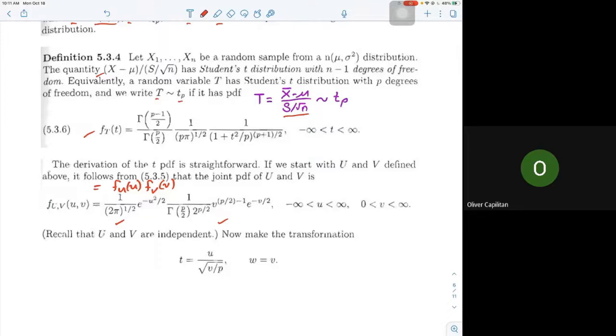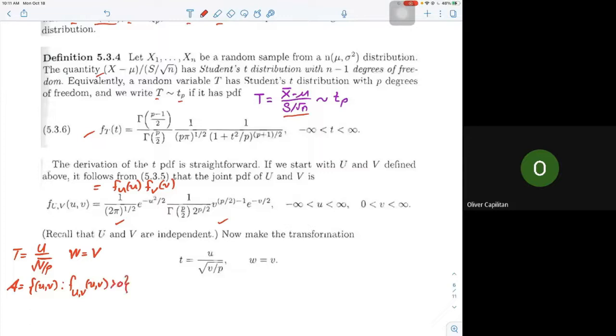So we have this transformation: t equals u over the square root of v over p, and w is just equal to v. To determine script A based on the original random variables, it is the set of all ordered pairs u, v such that the joint PDF is positive.